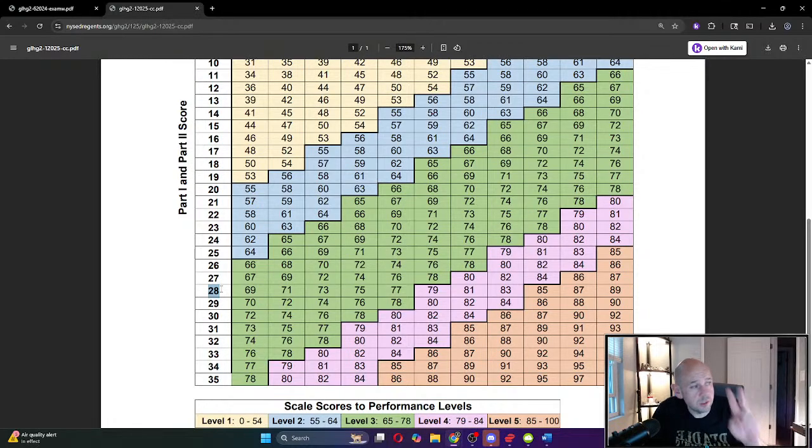If you were to get two of the CRQs wrong, it's a massive difference. Like, say you had a total of 26, but you got a CRQ wrong. You went from a 66 to a 64, a 66 to a 63, and on it goes, depending on your essay score. So you really got to be careful with that, all right? And again, for those of you who are looking, I remind the entirety of you, this is 12% of your year's grade. 12%. That is a massive number of the year's grade.